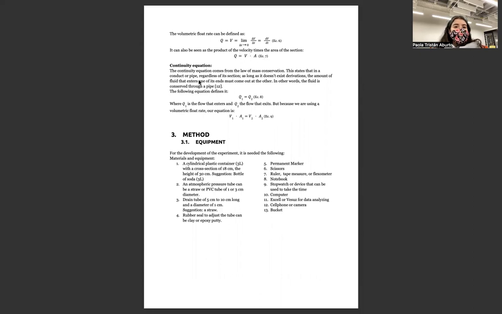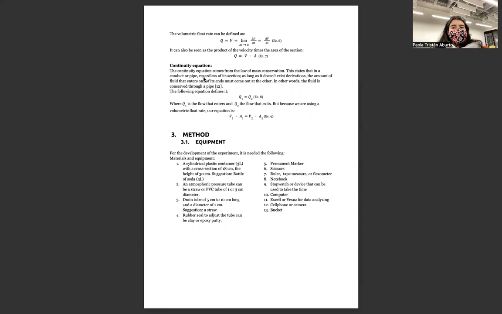And finally, we have the continuity equation, which says that in a conduit, no matter the section, as long as it doesn't exceed the duration, the amount of fluid that enters at one of the ends must come out at the other.